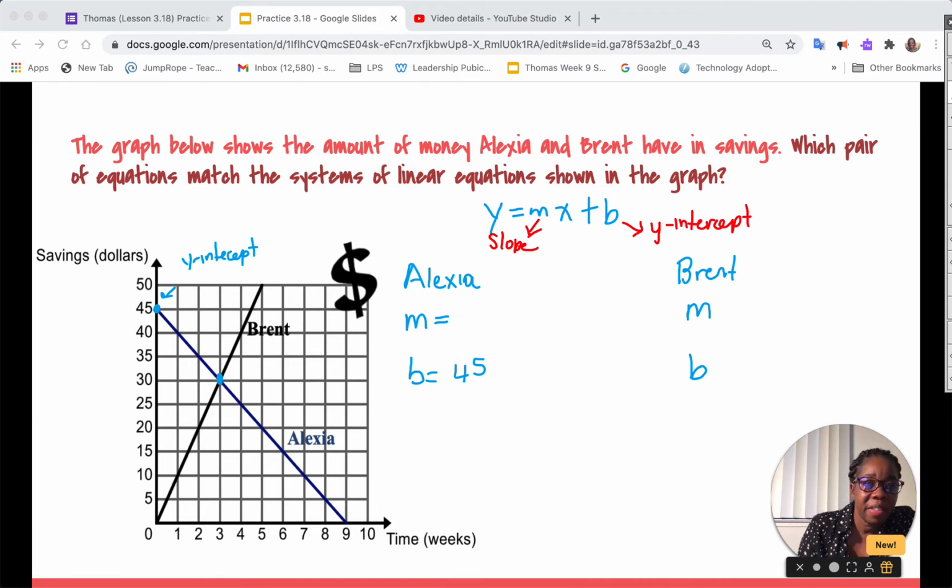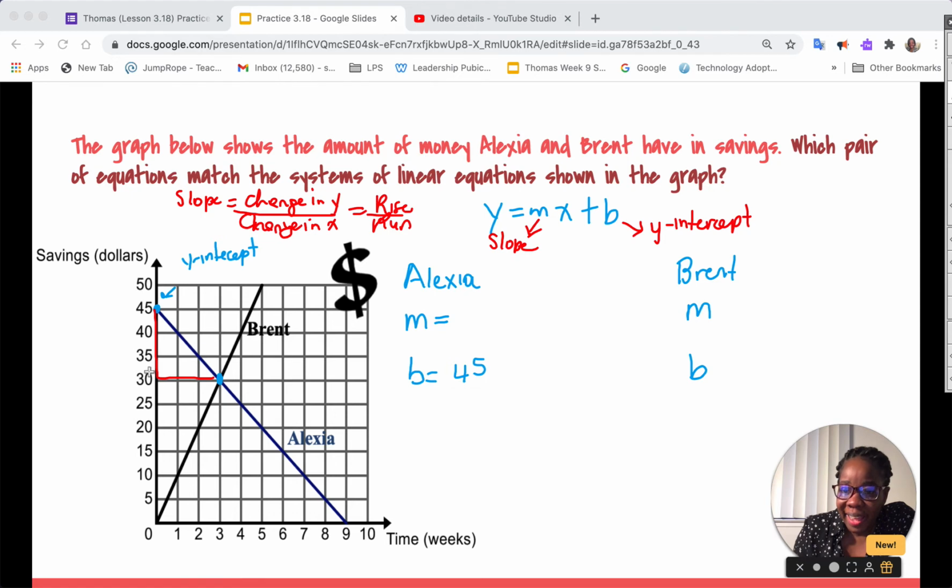And once I have that, I can draw a slope triangle where I'm getting the rise over the run. Remember, when we think about slope, we're thinking about change in y over change in x, or rise over run.